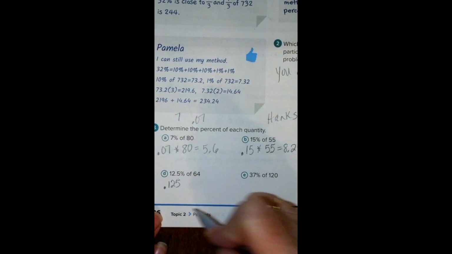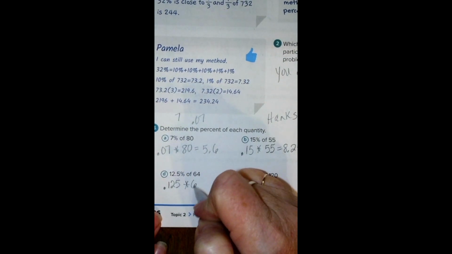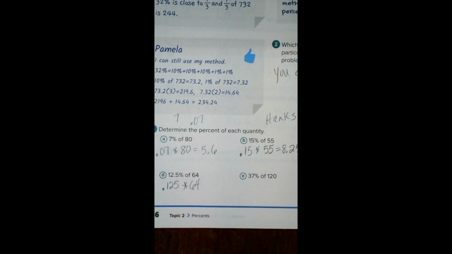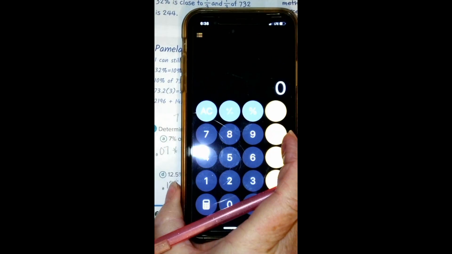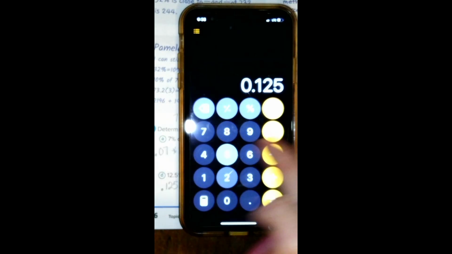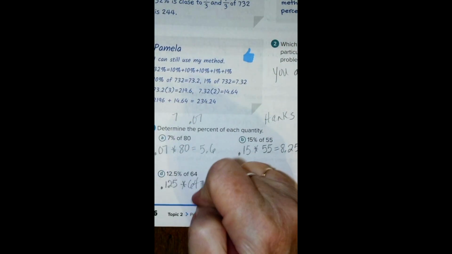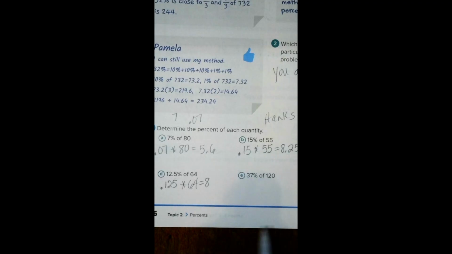Okay, so 0.125 times 64 is 8. It makes sense. 10% of 64 would be 6.4. So we expect it to be a little bit more than the 6.4 because we're at 12.5%.